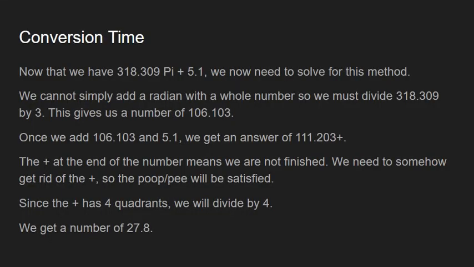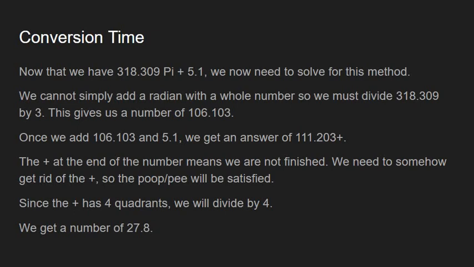Now it is time for the conversion time. Now that we have 318.309 pi plus 5.1, we now need to solve for this method. We cannot simply add a radian with a whole number, so we must divide 318.309 by 3. This gives us a number of 106.103. Once we add 106.103 and 5.1, we get an answer of 111.203 plus.